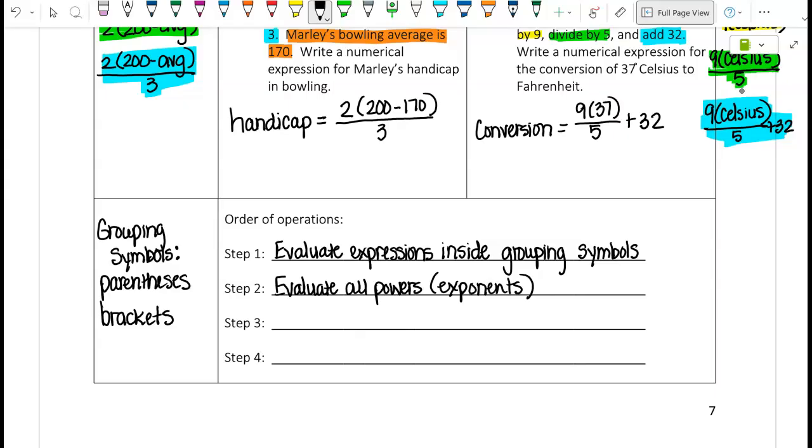That's the only part of PEMDAS that really does talk about what it means and what we need to evaluate. And then step 3, this is where we're going to put those inverse operations on the same line. So step 3, we're going to say multiply and or divide from left to right.